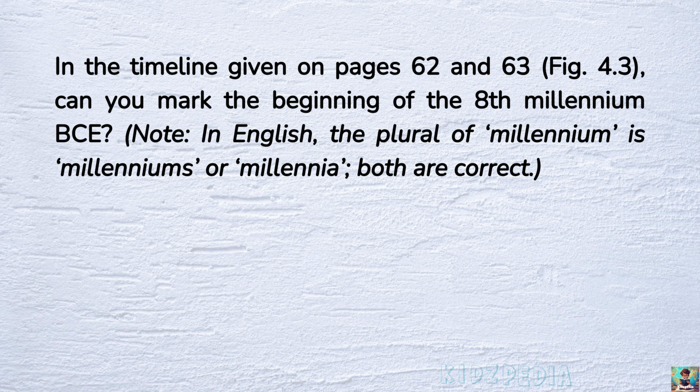In the timeline given on pages 62 and 63, figure 4.3, can you mark the beginning of the 8th millennium BCE? Note, in English, the plural of millennium is millenniums or millennia. Both are correct.